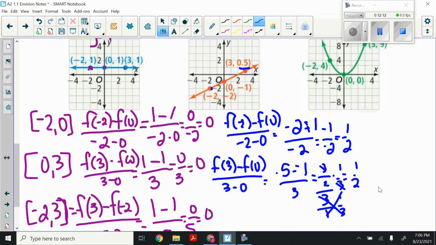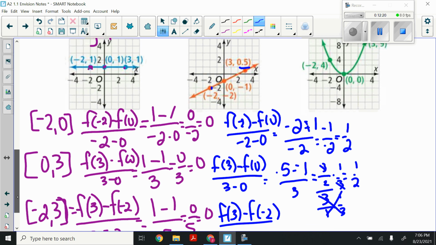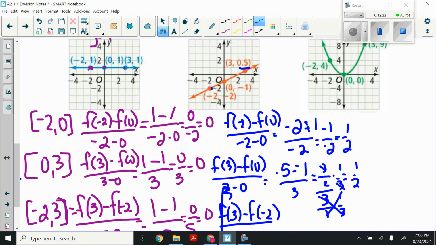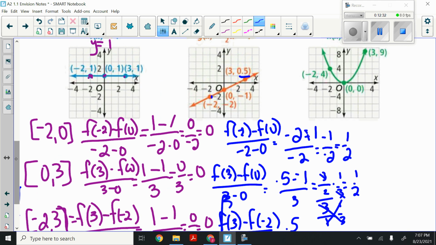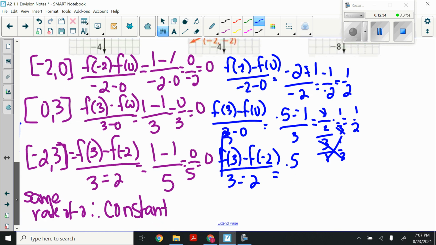It's what I expected. So the last one, we're going to go f of 3 minus f of -2 over 3 minus -2. So when f was 3, my y value was 1/2, or 0.5. When my x value was -2, my y value was -2.